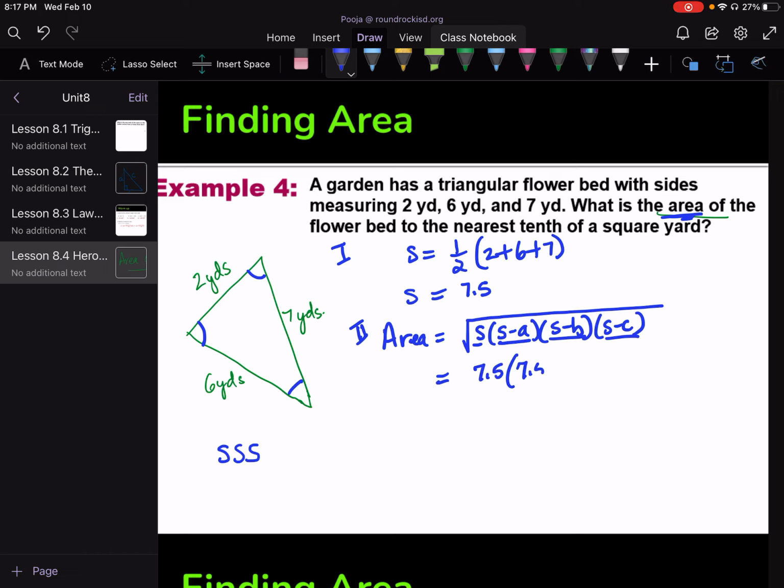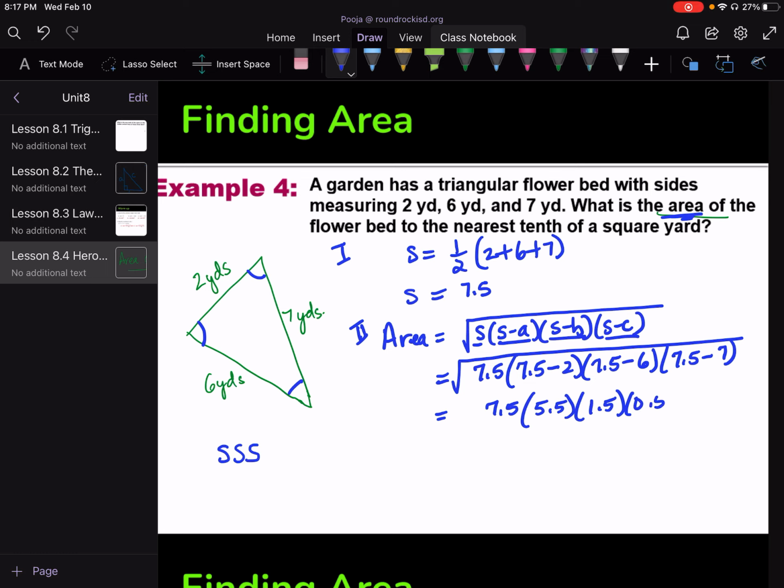7.5 times 7.5 minus the first side, minus the second side, minus the third side. Don't forget, we have to square root all of that. I'm going to do one more step just so I have the numbers. I have to find the square root of all of this.